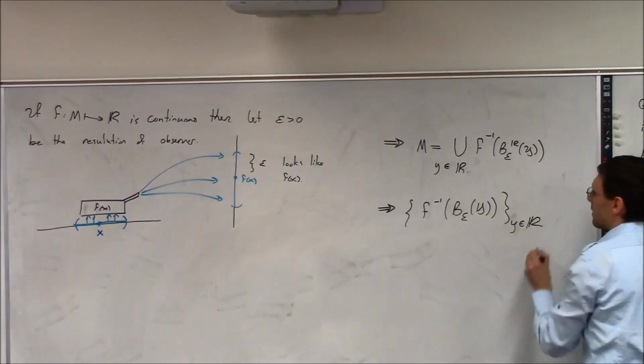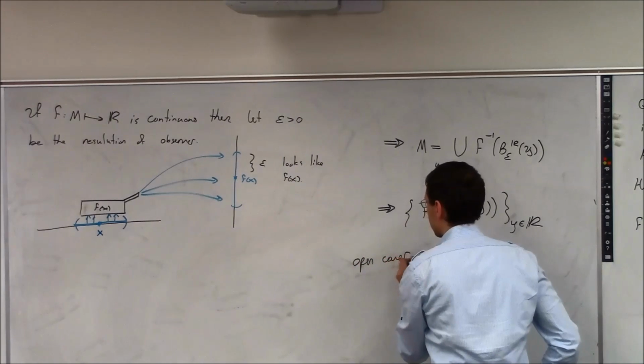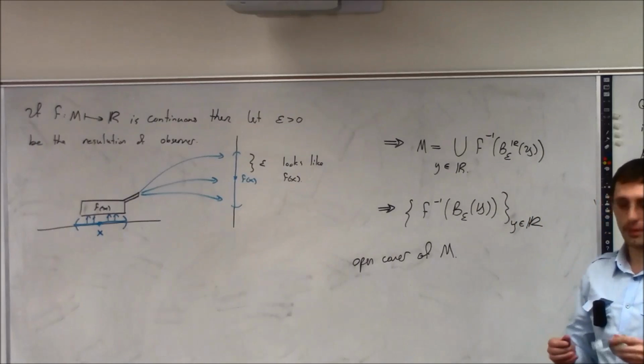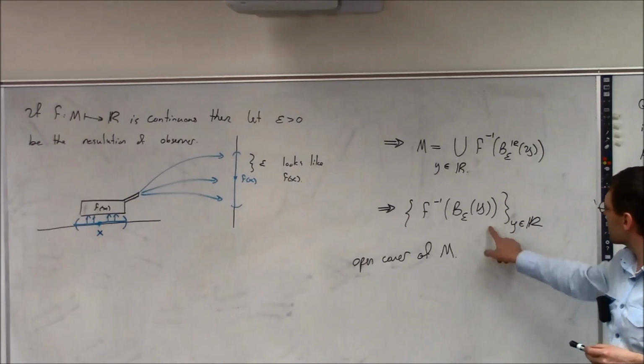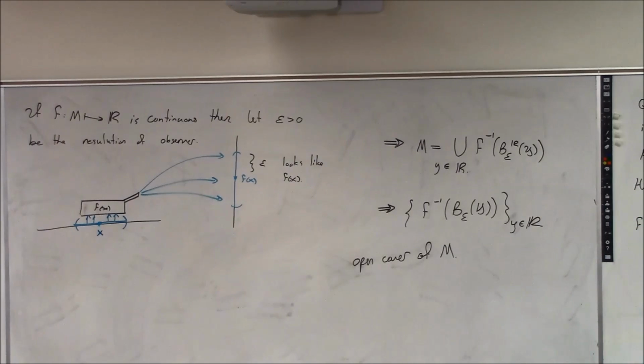this is an open cover of M. Now, this open cover is uncountable. Do you see? Because for every y in R, you have potentially different preimages.